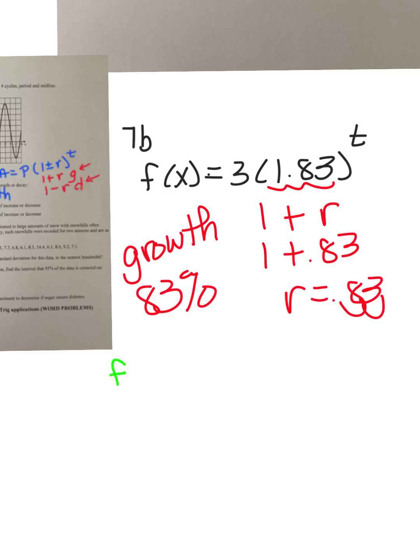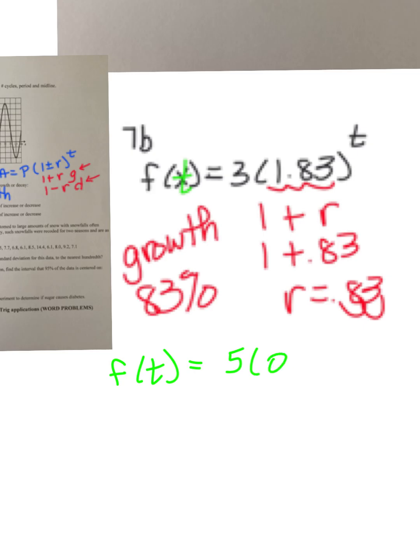C is f of, sorry, this is t, not supposed to be x. f of t is equal to 5 times 0.35 to the t power. All right, so look inside here. That's 1 minus r because it's less than 1. Now, it's not 1 minus 0.35. That does not give me 0.35. So how do I figure out 1 minus what number gives me 0.35?